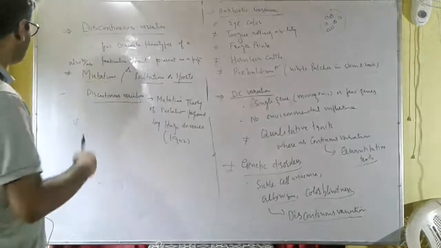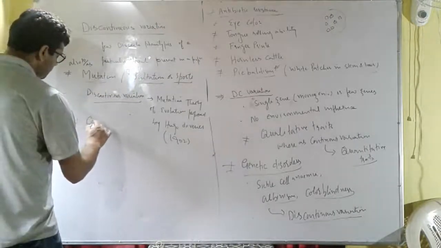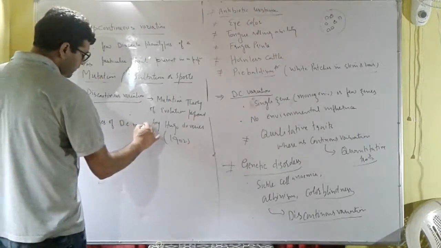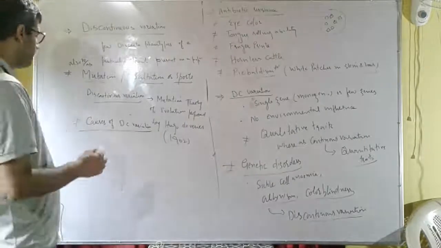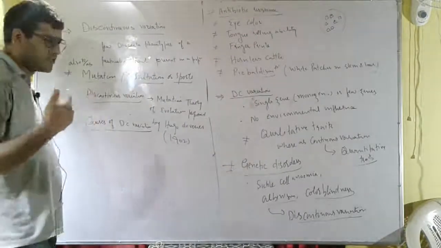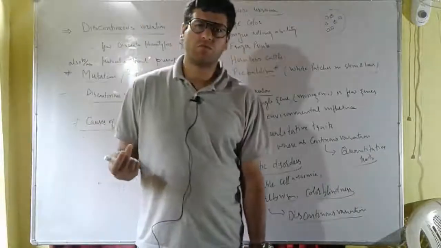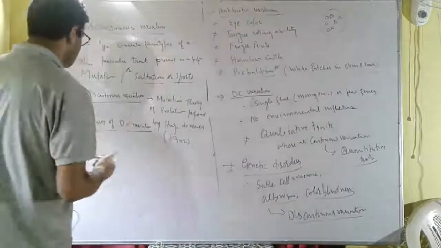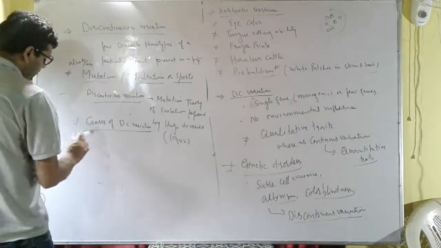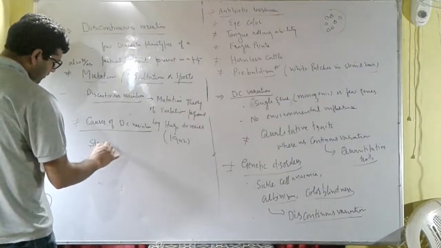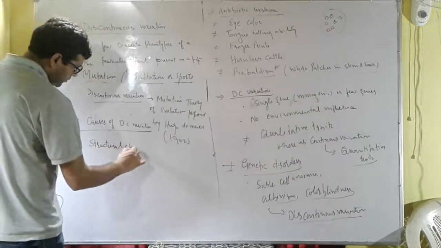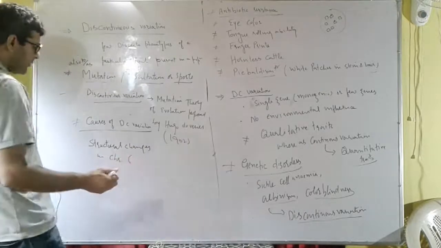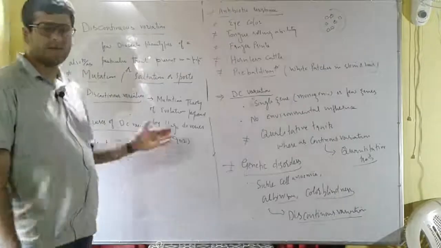What are the various causes of discontinuous variation? We have structural aberrations in the chromosomes, or numerical aberrations in the chromosomes, or gene mutation. These are the main causes of discontinuous variation. For example, structural changes in chromosomes: deletion, duplication, inversion, translocation.